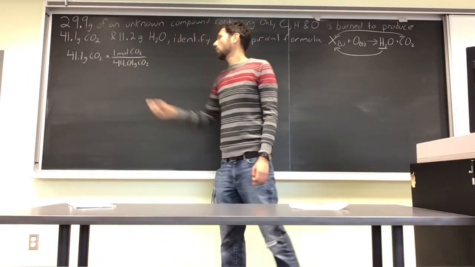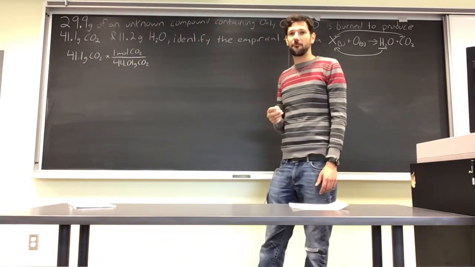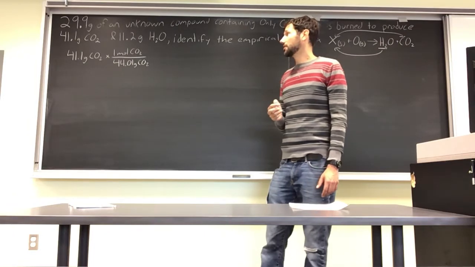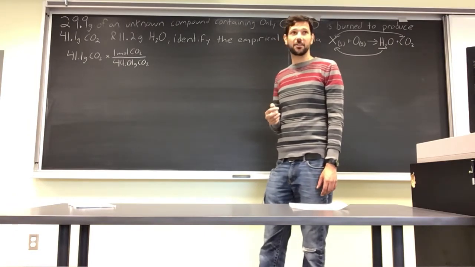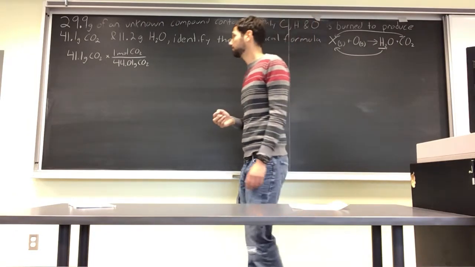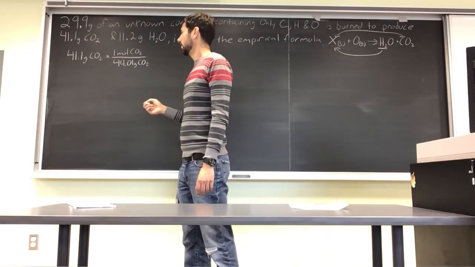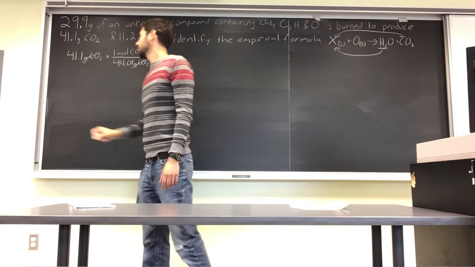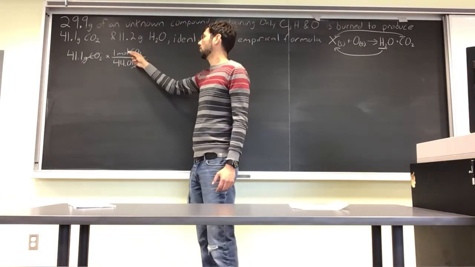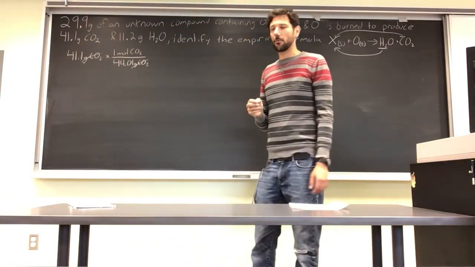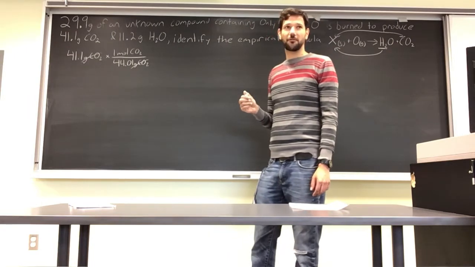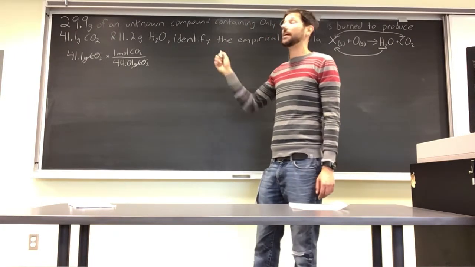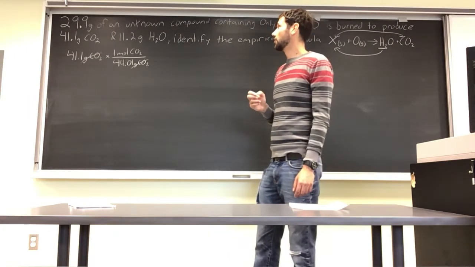And again, this 44.01 grams just came from the periodic table. I just looked up the mass of carbon and added it to 2 times the mass of oxygen. So at this point in the question, grams carbon dioxide cancels with grams carbon dioxide, and we're left with moles of carbon dioxide. But we really want to find out how much of that is carbon and how much carbon came from the initial unknown compound.